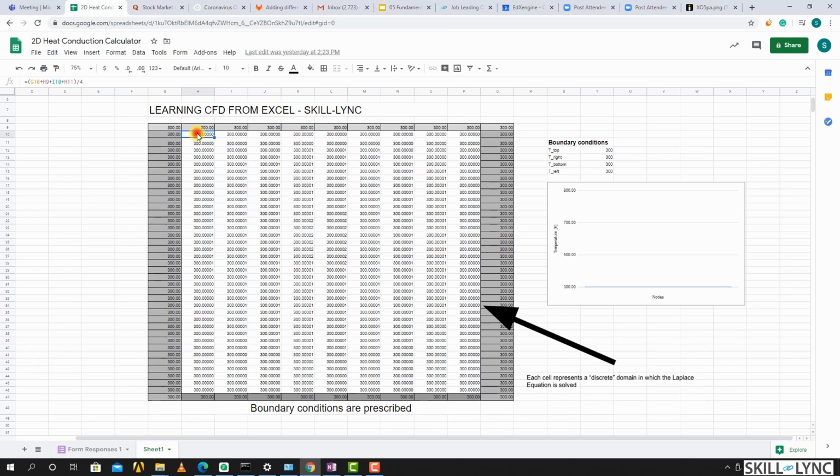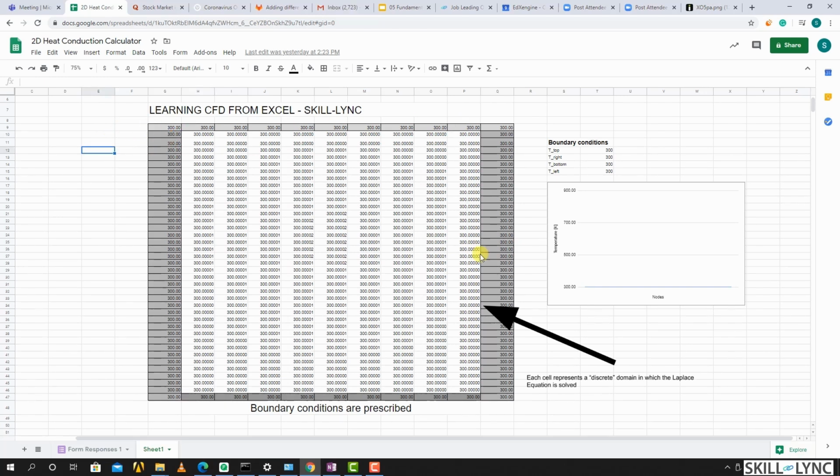If you just double click on it, you can see that the value at this point is equal to the value at the left hand side cell, which is G10, plus the value in the top cell, which is H9, plus the value in the right hand side, which is I11, and I10, and then the value of the cell in the bottom, which is going to be H11.